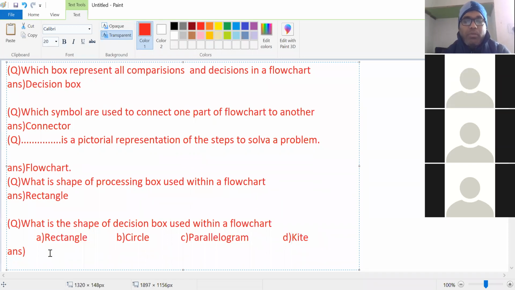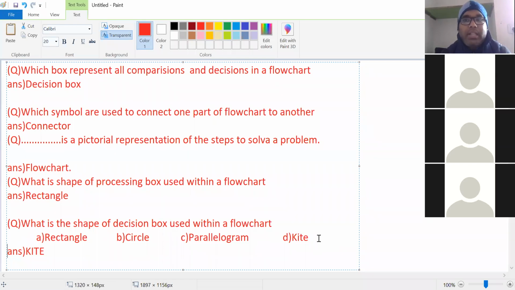Yes, sir. If the question is for the decision box, you are not going to write the answer. You have to just select the answer. Multiple choice questions will be given to you. You will not write the answer.